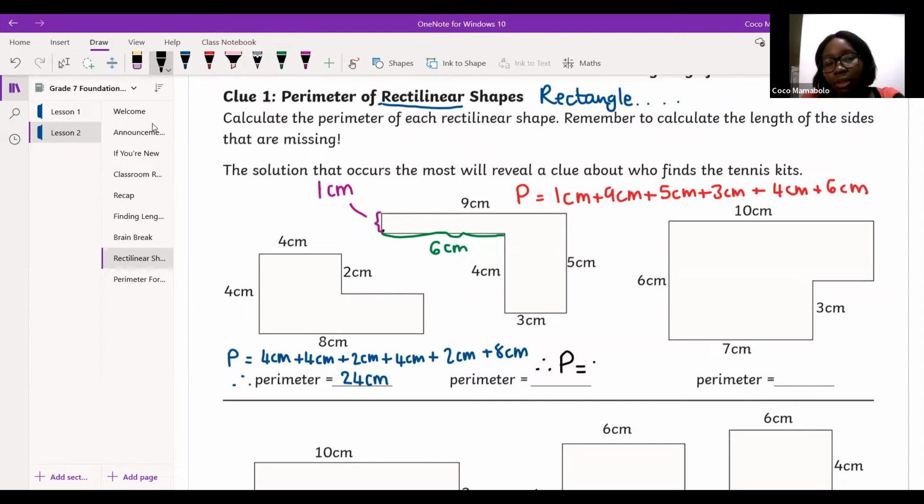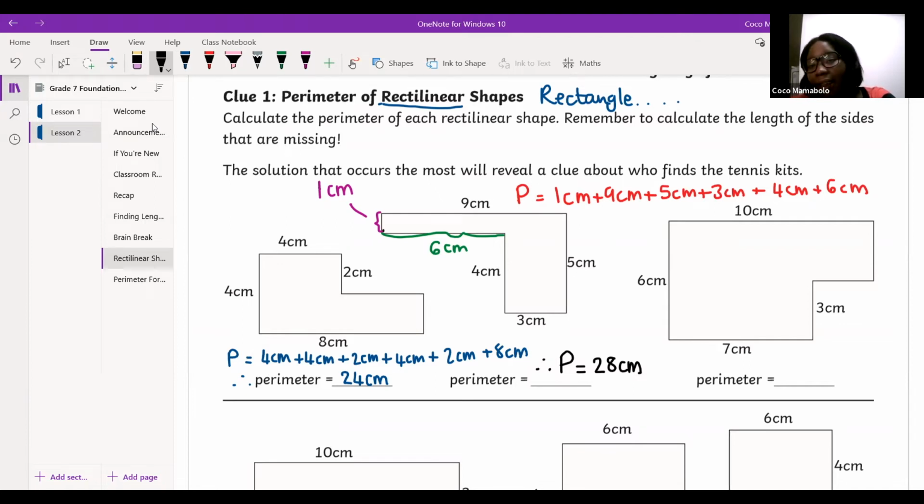Therefore, P is equal to 28 centimeters. So for all of you who said P is equal to 28 centimeters, well done. You guys remembered how to add properly. Very well done. For those of you who said 27, I think you may have missed that 1 centimeter that you also had to add. Do not forget the 1 centimeter.